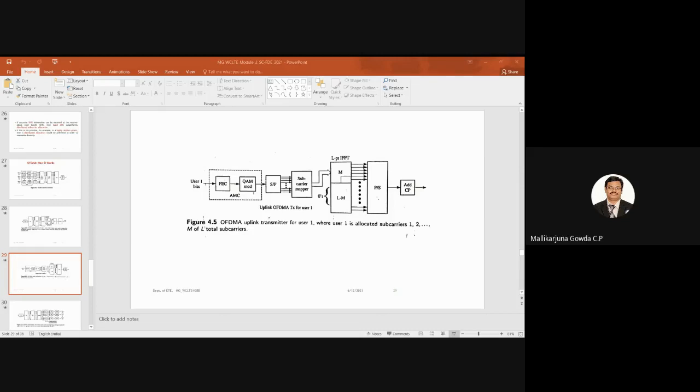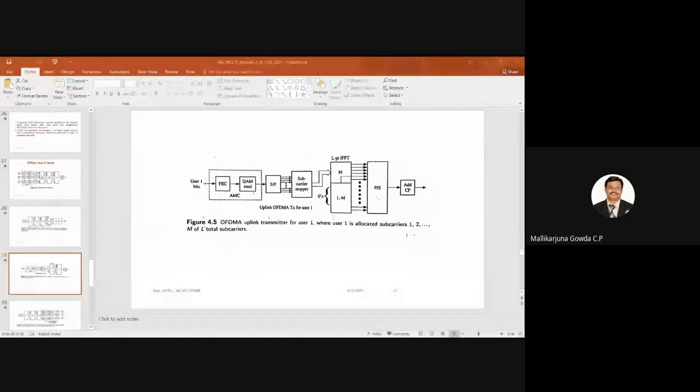Here, what is written as L point FFT? Because I'm showing user 1, only M subcarriers will be mapped. So a total of L subcarriers will be there, and in that, M subcarriers will be allocated to user 1. The rest, that is L minus M, will be made 0. That is why it is written zeros. Hope you are able to understand what I am saying.